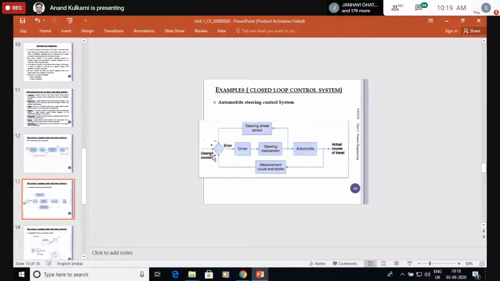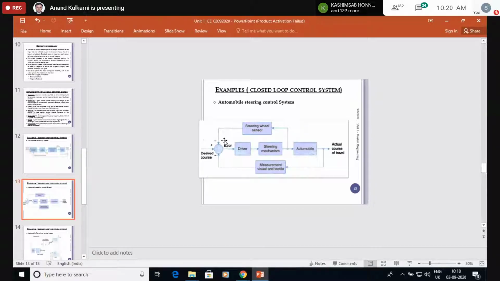So this difference, this minus this, you can see the minus sign here. The input is with the plus sign, output is with the minus sign. So this minus this is initially very high. So the control signal generated by the controller is of high value. But as the vehicle starts taking a turn, the angle steered will go on being reached.